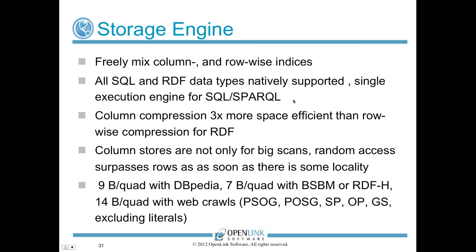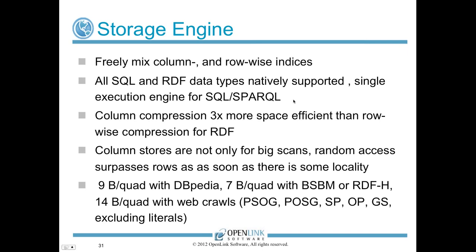And also in Virtuoso 6, which is a row store, we have, for that domain, very good key compression. So if we are talking about RDF storage, let's say Virtuoso 6 stores 3 times more data in the same space as it would without any compression.